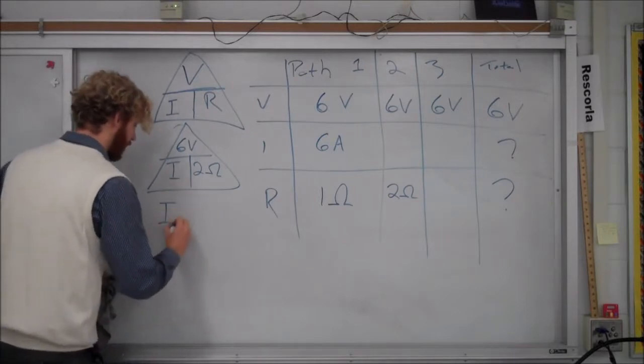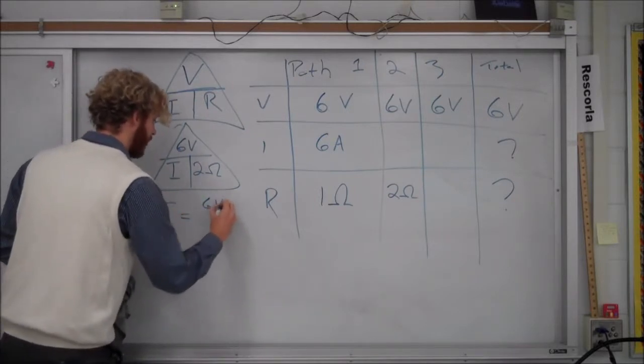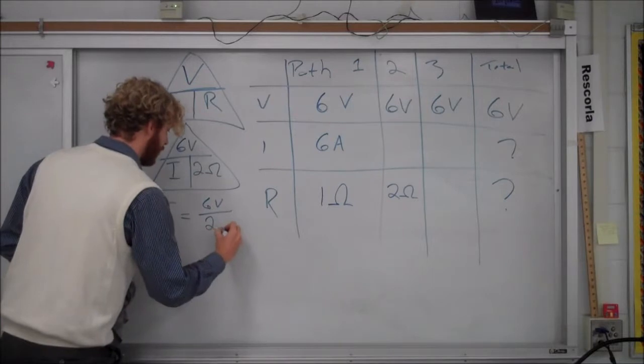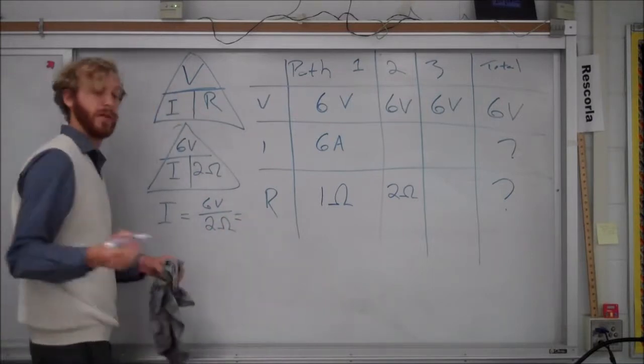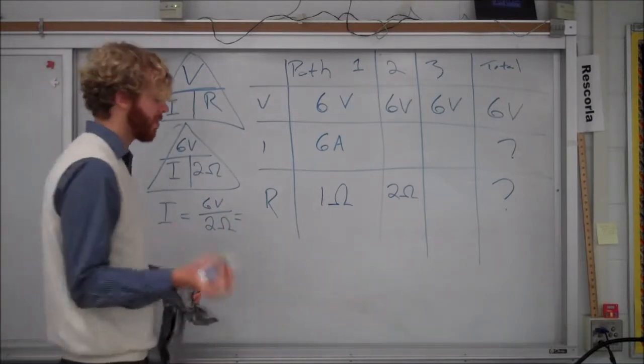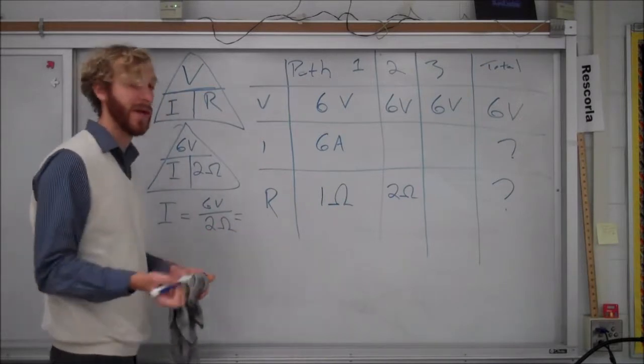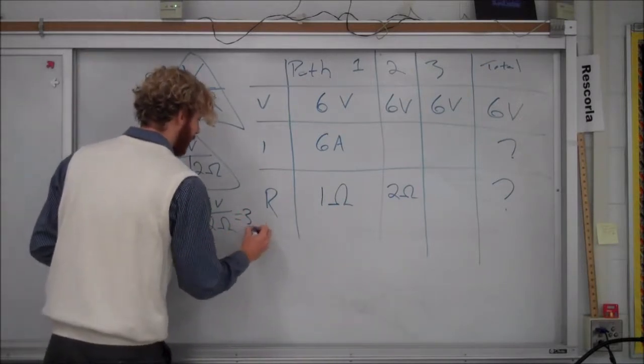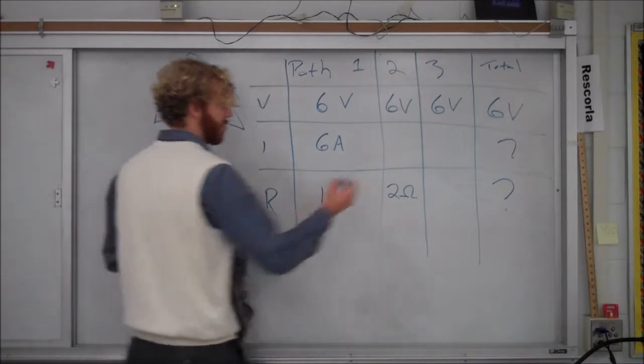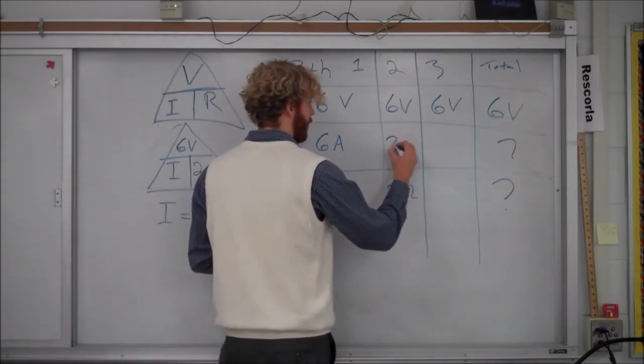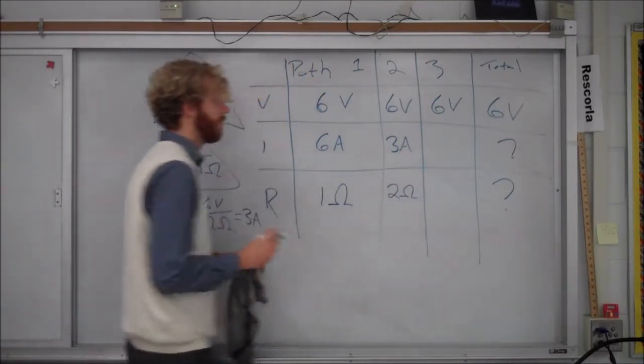So our I equals 6 volts divided by 2 ohms equals 6 divided by 2. You should be able to do this in your head. It is 3 amps. So, path 2, 3 amps.